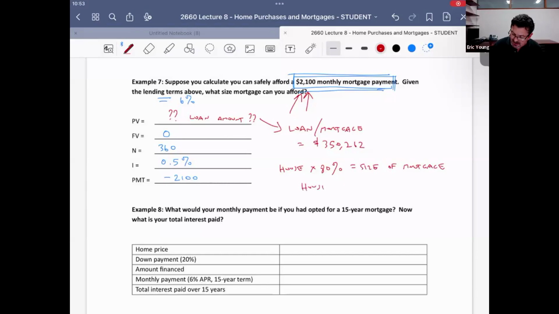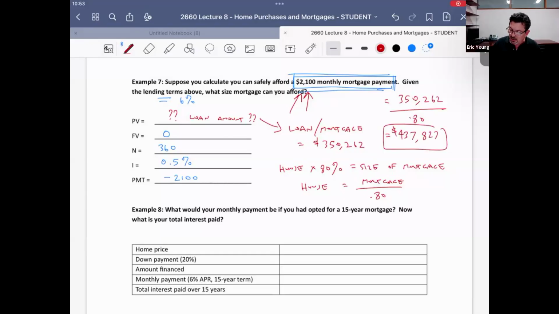This means that the size of the house is going to be your mortgage divided by 0.80. So in this case, it's going to be 350,262 divided by 0.8. This is going to be 437,827.